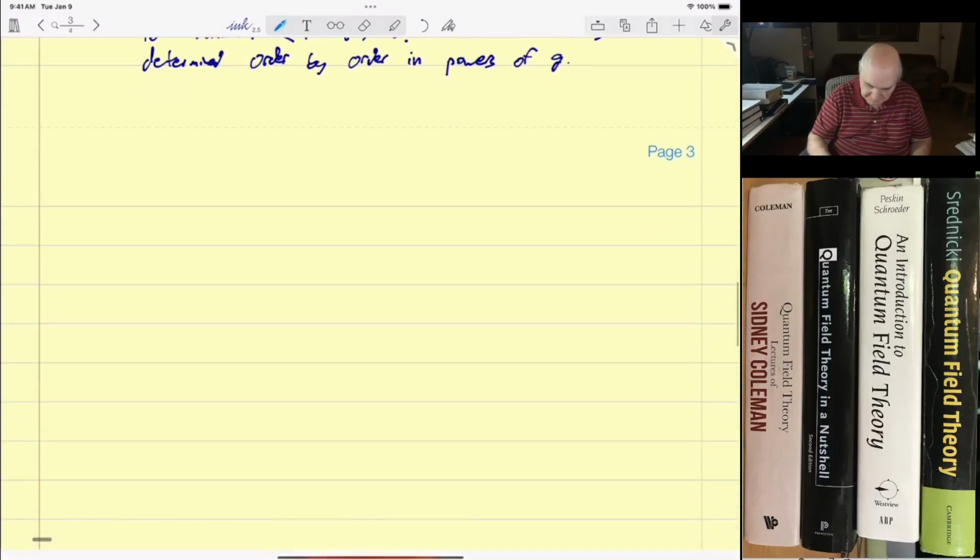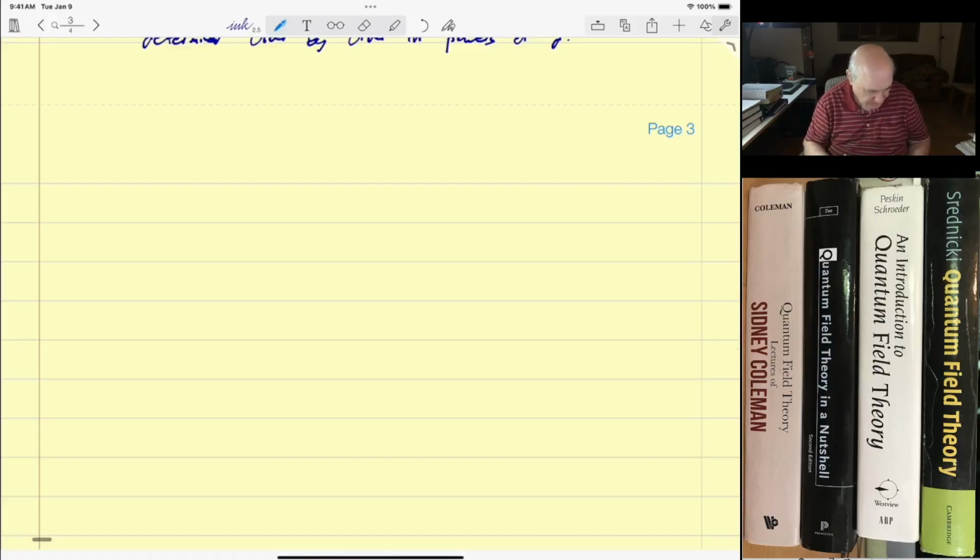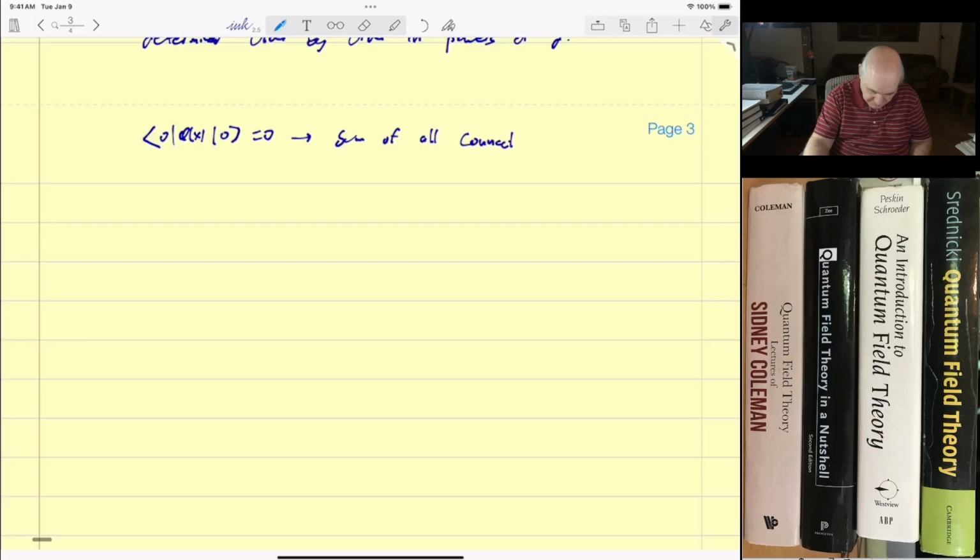Now, so moving on, this vacuum expectation value equaling 0 implies that the sum of all connected diagrams with a single source is 0.